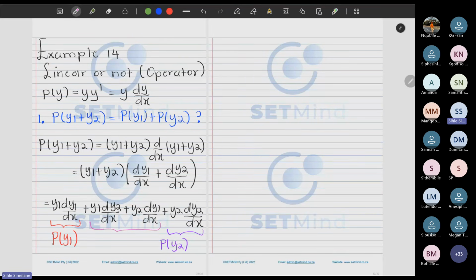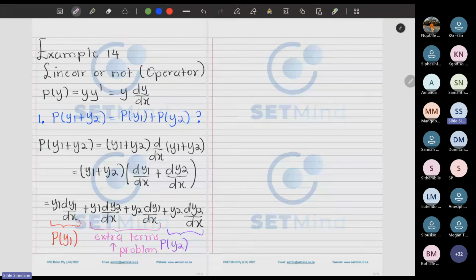Yep, the middle terms are causing extra terms, because all we need are the terms which we've highlighted, but clearly there's more. So that is where the problem starts. So this cannot be linear. It has failed test one. Whether it passes the second test doesn't matter.